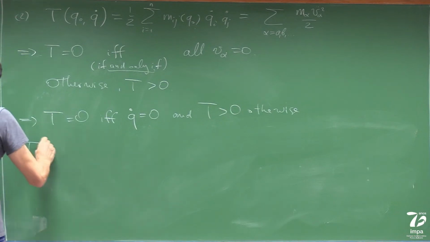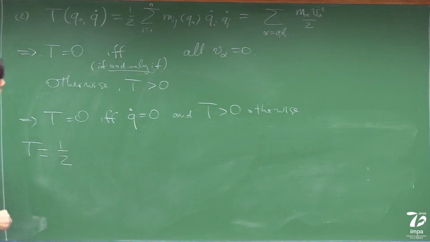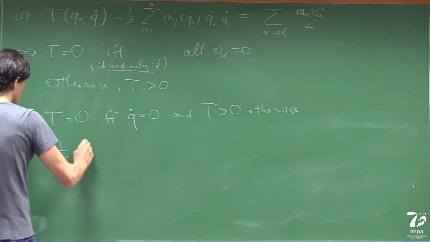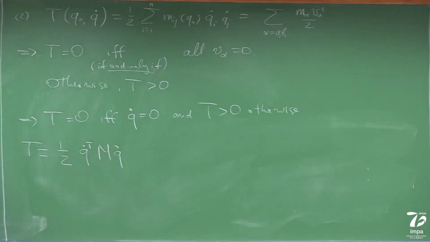But now this T can be written as, you see, this expression, this is the mass matrix. So this expression can be written as q dot transpose M q dot.